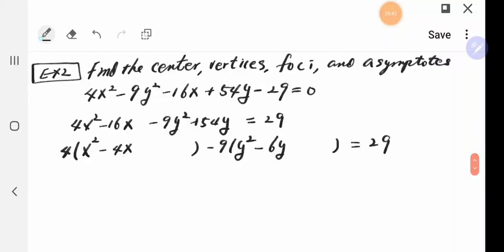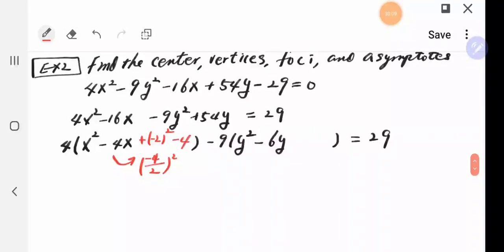Now let's find the third value so that it will be a perfect square. The third value will be negative 4 divided by 2 and then squared, so negative 2 squared. Since we add it, we have to subtract it, so plus 4 and minus 4.